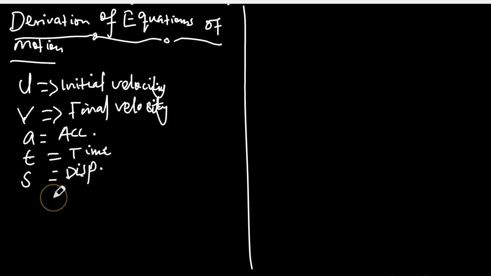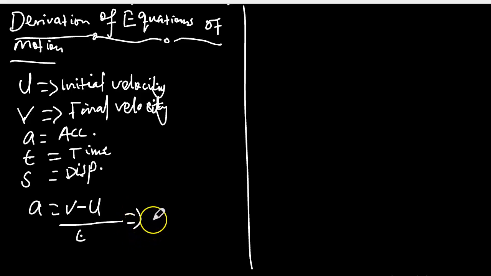So the first equation of motion is given as a, acceleration, is nothing but the change in velocity with respect to time. And the change in velocity is given as the final velocity minus the initial velocity, all this divided by the time taken. Now, if I cross multiply, I will simply have v minus u on the numerator equal to at.